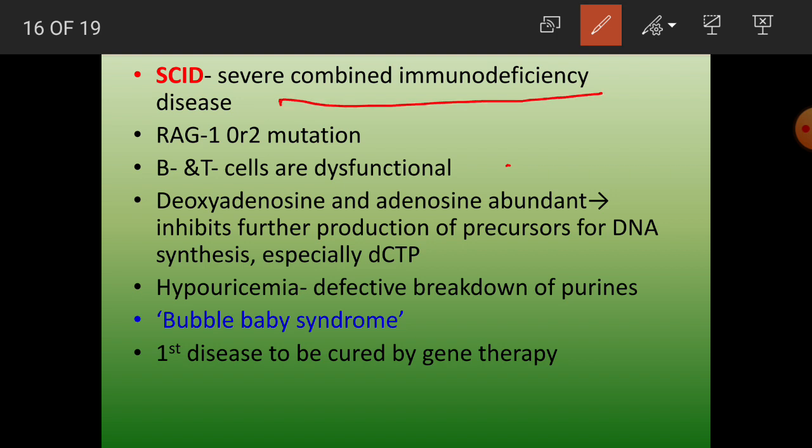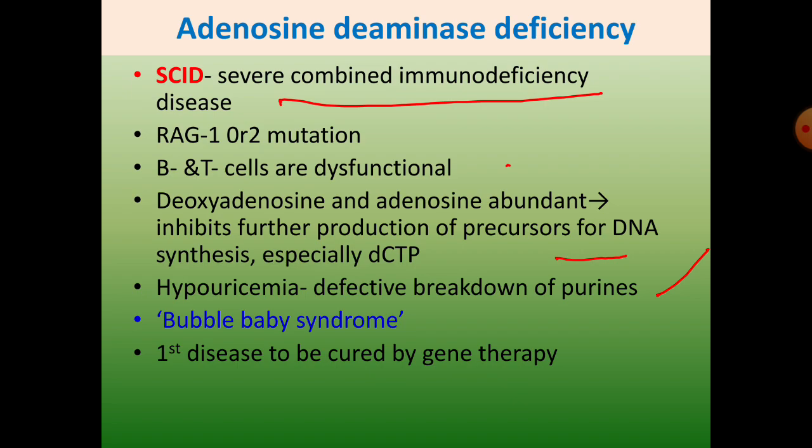Both B and T cell immunity is less, and here deoxyadenosine and adenosine are abundant. They inhibit further production of precursors of DNA synthesis, especially dCTP. Here also hypouricemia is seen because of defective breakdown of purines. This is also nicknamed bubble baby syndrome. This was the first disease to be cured by gene therapy because it is a single gene disease.